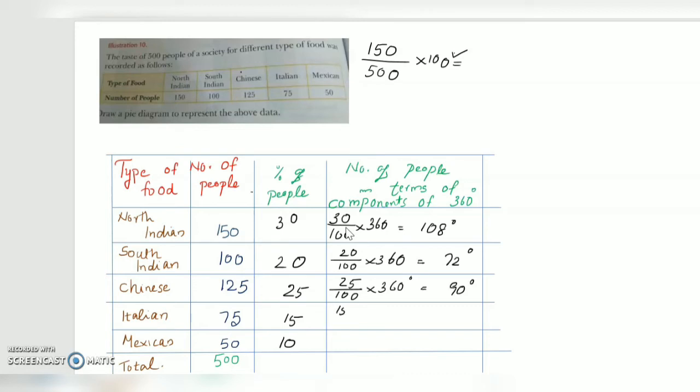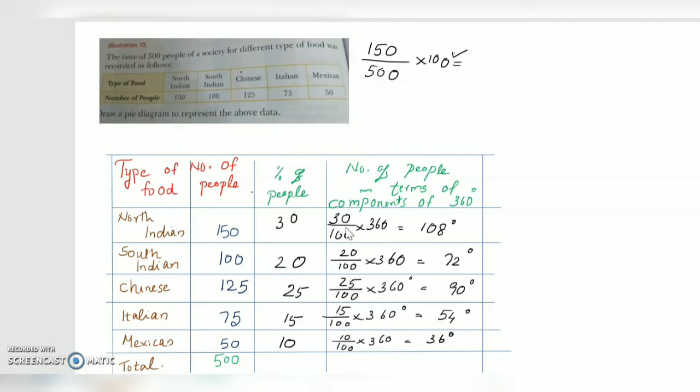And 15 divided by 100 into 360 degrees, that is 54. Again we are converting 10% to an angle value, and here you will get 36 degrees.